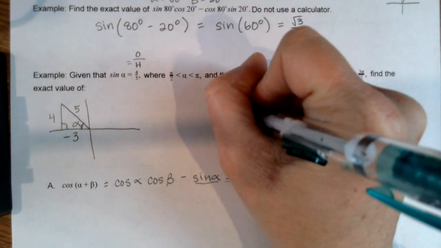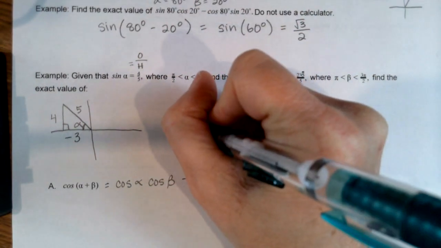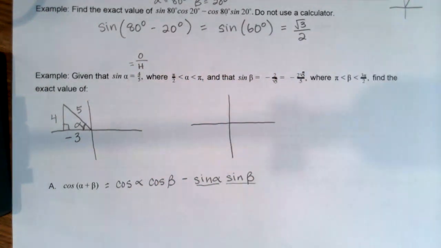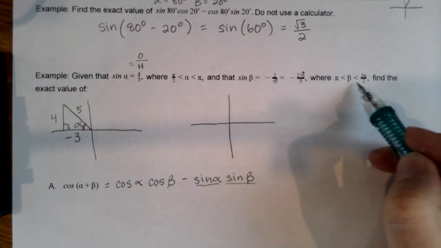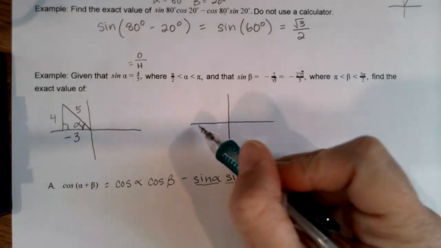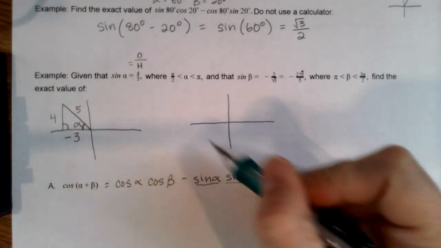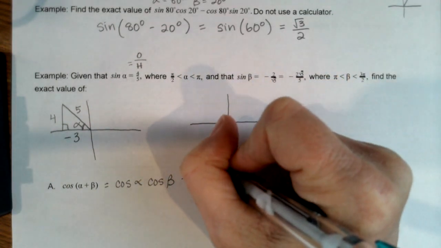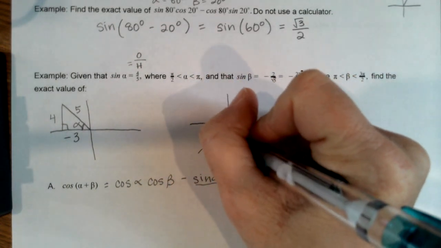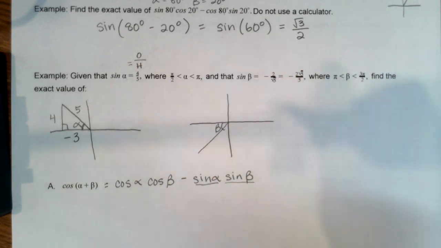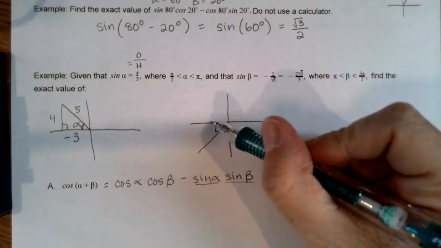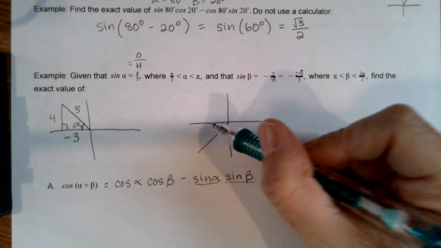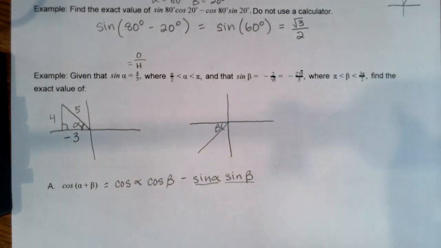Similarly, I'm going to draw in my angle for beta. It tells me that beta is between pi and 3 pi over 2. So here is pi, and here's 3 pi over 2. So my beta is going to fall in my third quadrant. Again, I'm always measuring from my x-axis to my terminal side.